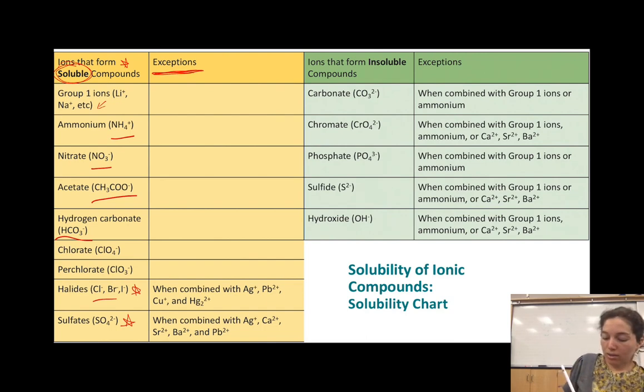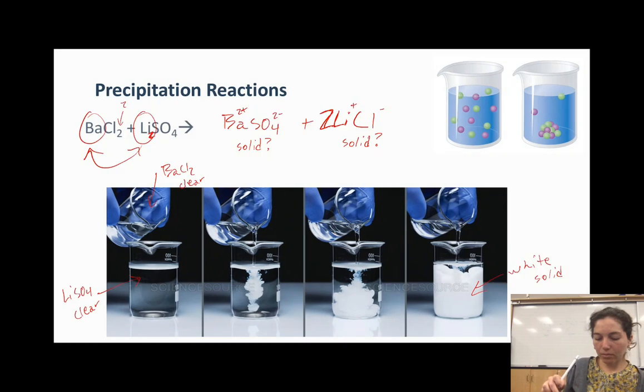These exceptions are a couple of specific metals: silver, lead, copper, and mercury. Hg2 is mercury. So let's go back here and see if any of our chlorides are mixed with these substances. So we've got a chlorine here. It doesn't have silver, copper, lead, or mercury in it. Same here. No silver, copper, lead, or mercury.